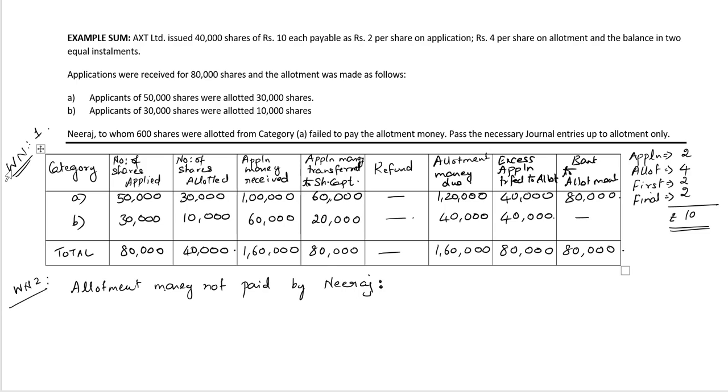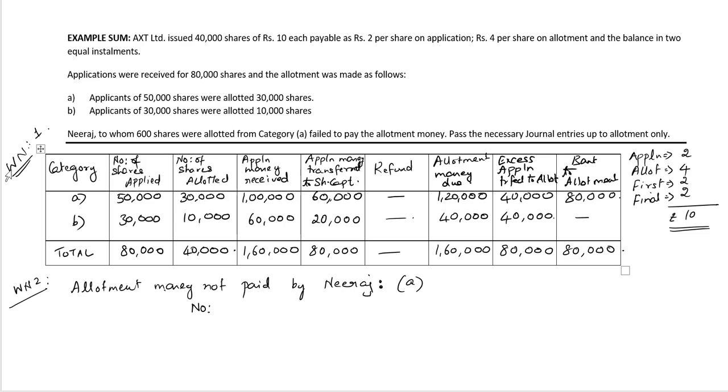Now, Neeraj belongs to category A, and we can use the unitary method to find out how much of allotment money is not paid by Neeraj.